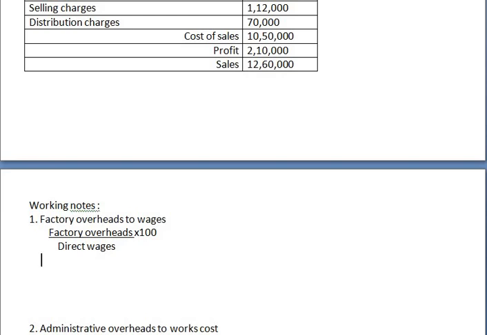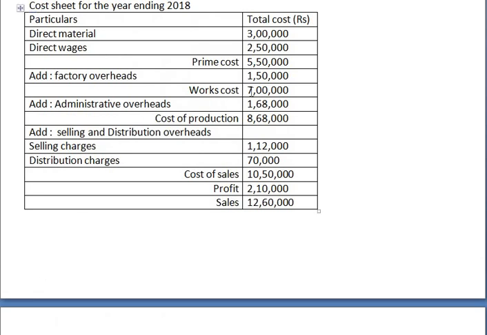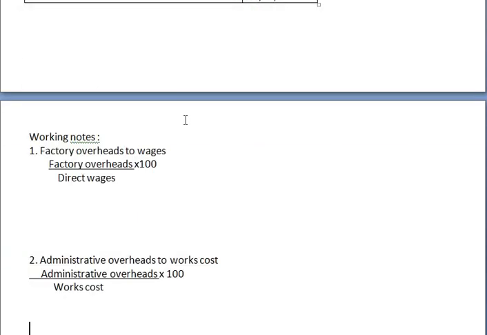Go through the problem: for the year 2018, factory overheads is 1,50,000 and direct wages is 2,50,000. So we find the relationship: 1,50,000 divided by 2,50,000.